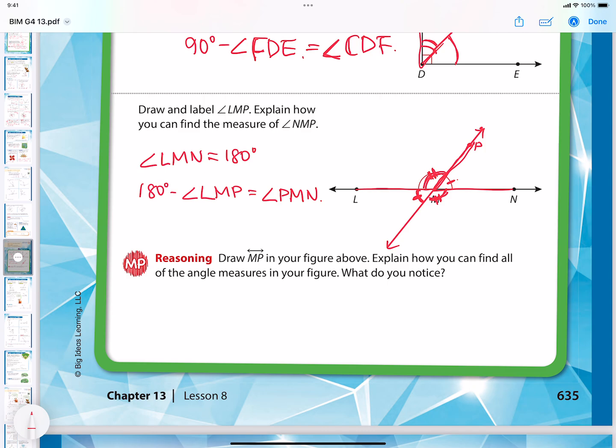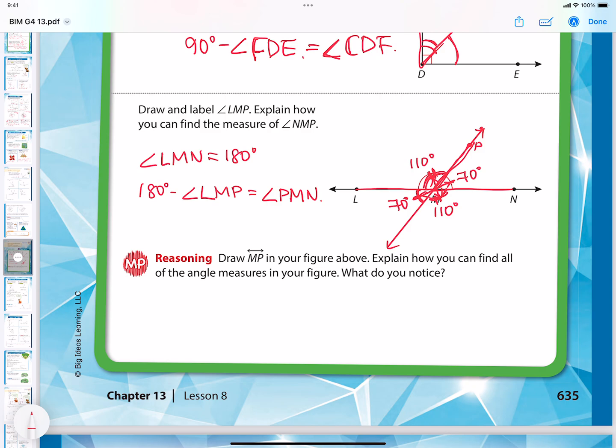For example, let's say this is 70 degrees, and the other side, the opposite side, is also 70 degrees. That means this must be 110, since a straight angle is 180 degrees. And the opposite angle of 110 is also 110 degrees. That's the rule. So please memorize it, okay? And it's going to help you a lot to solve any problems of this angle.